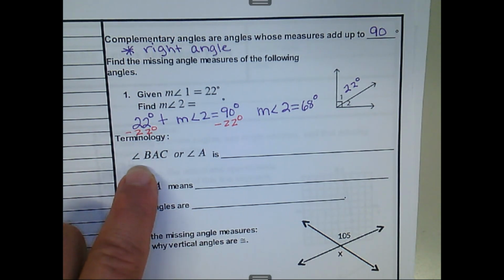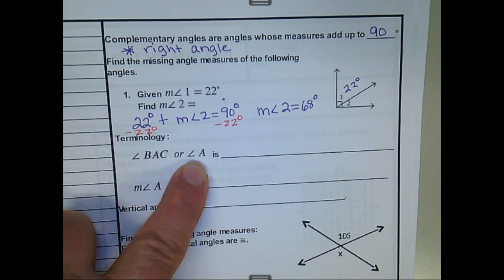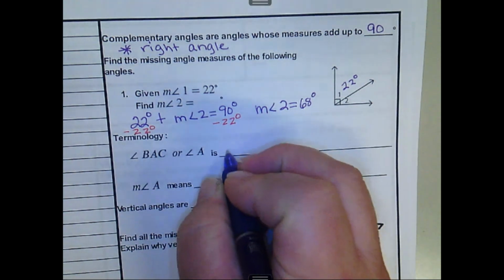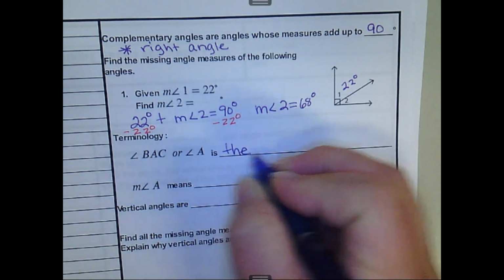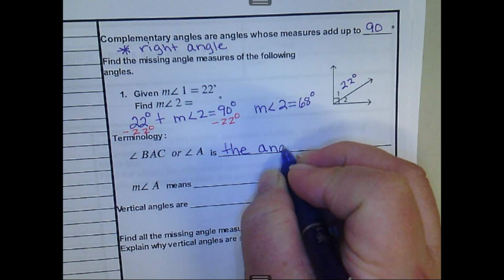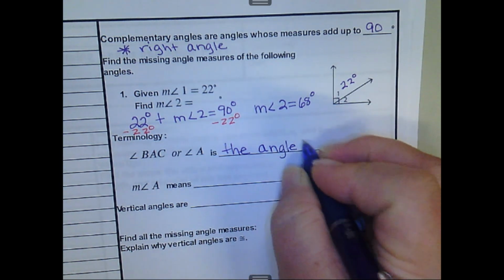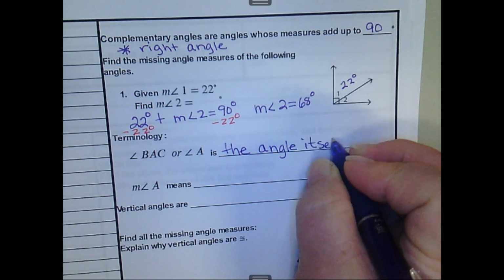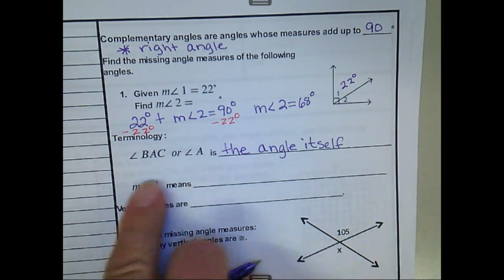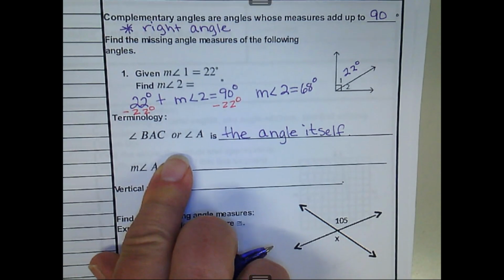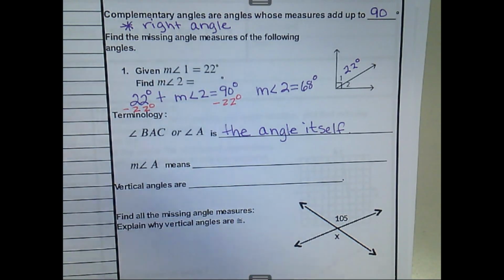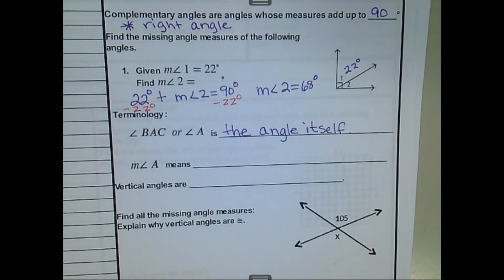Terminology. Angle BAC or angle A is the angle itself. So both of these are ways of identifying the angle that we talked about at the beginning of the lesson.